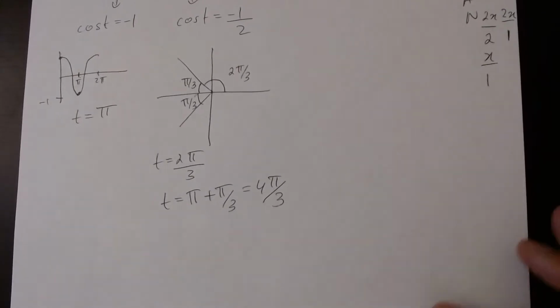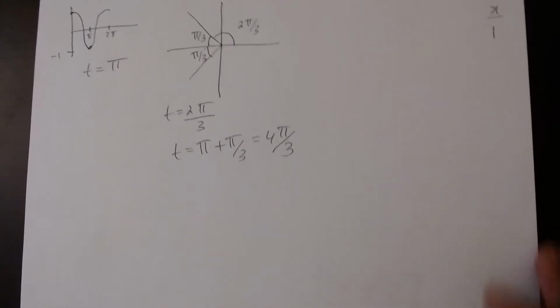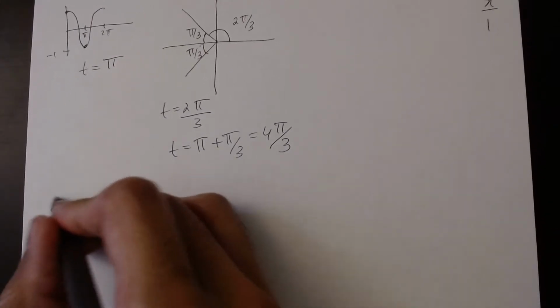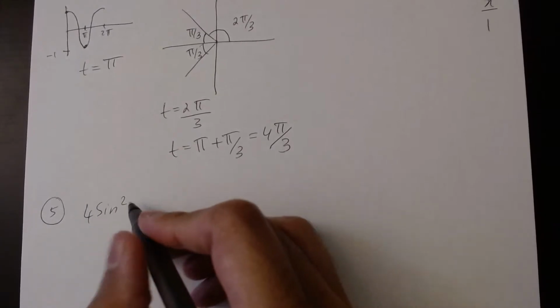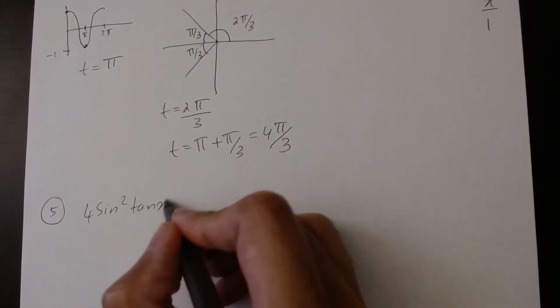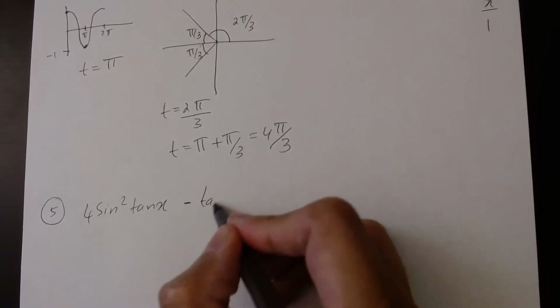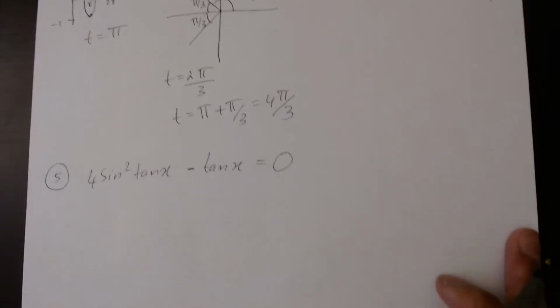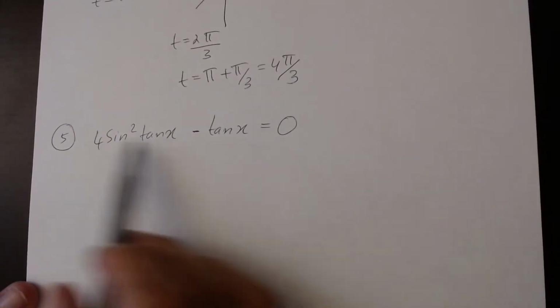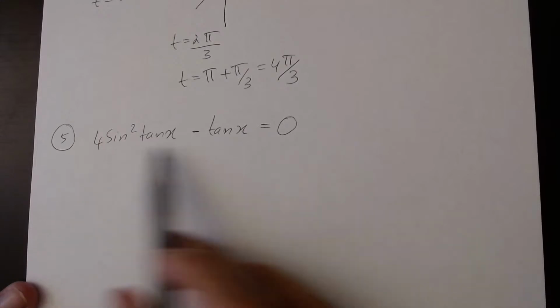And then let's do one last question. 4 sine squared x tan x minus tan x equals 0. So in this one, the first thing I have to do is common factor.